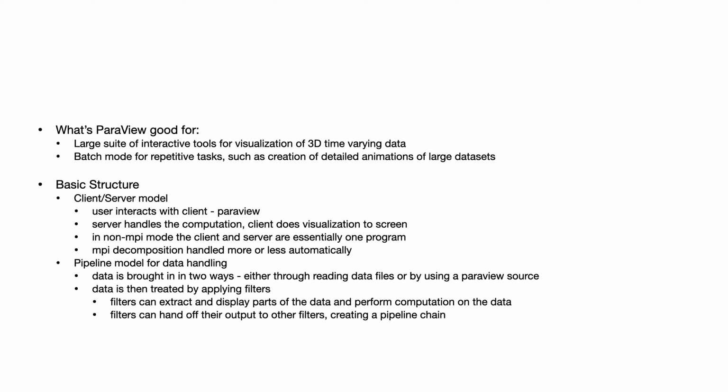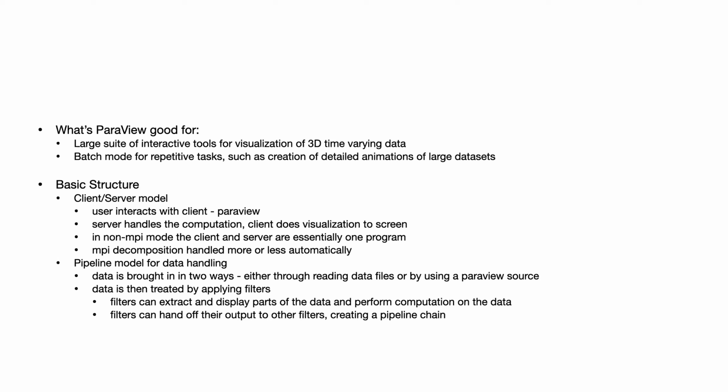The basic structure is client server. You interact with the client, which is the Paraview program. The server handles the computation of whatever needs to be done and creates the actual object that the client then visualizes to the screen. If you're not doing MPI, you basically don't see the server end of things.